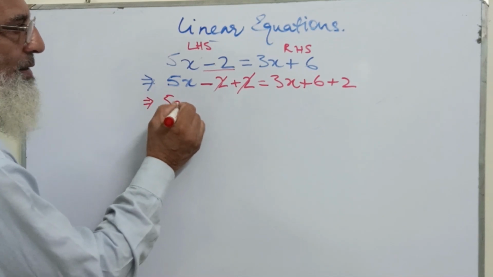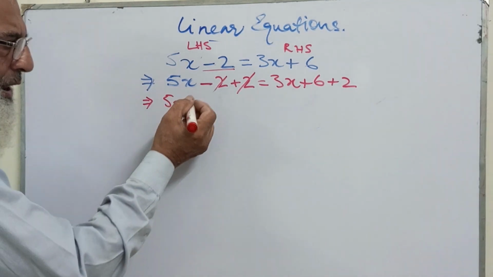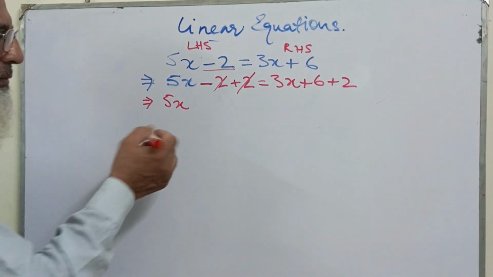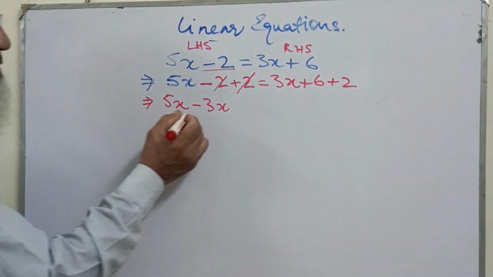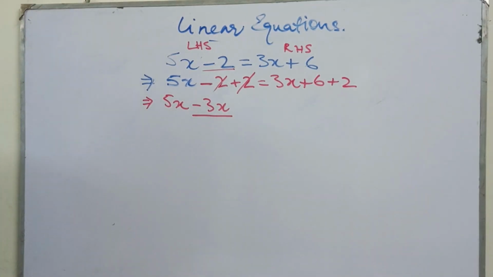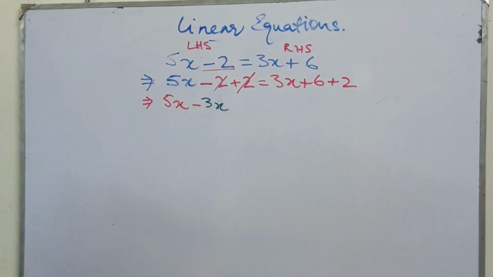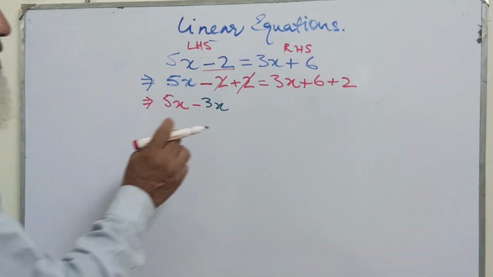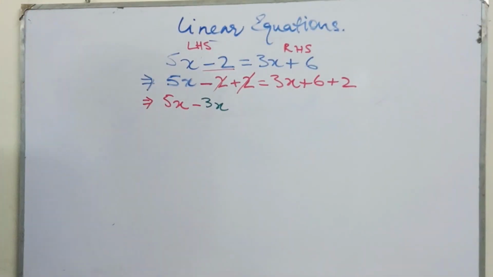Now 5x. Now we have to bring this 3x over here. So in advance, I write minus 3x. For the time being, it is minus 3x. Now this is in advance, because there is nothing left in this left hand side.